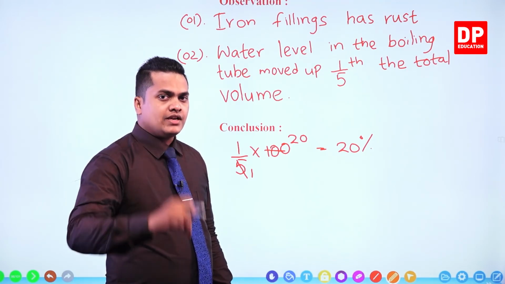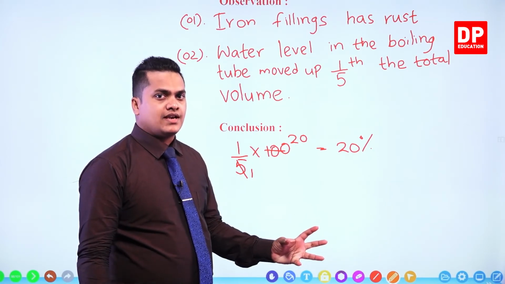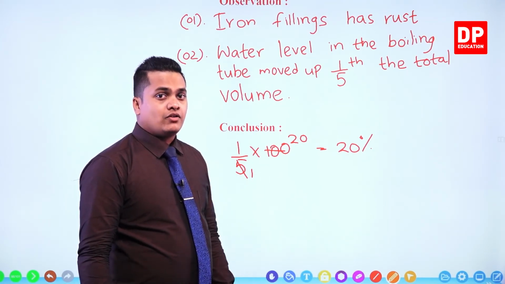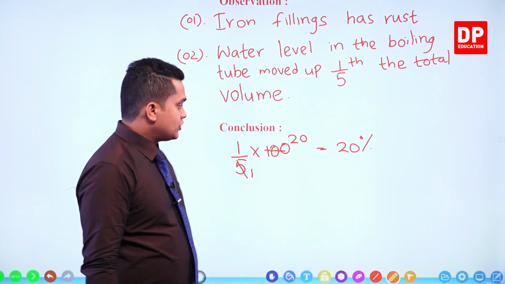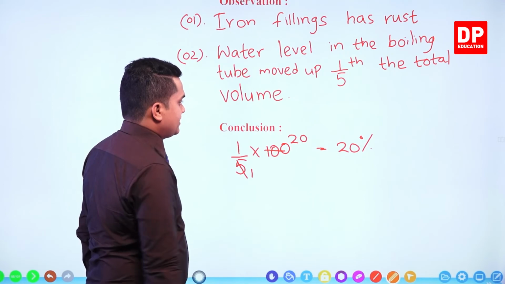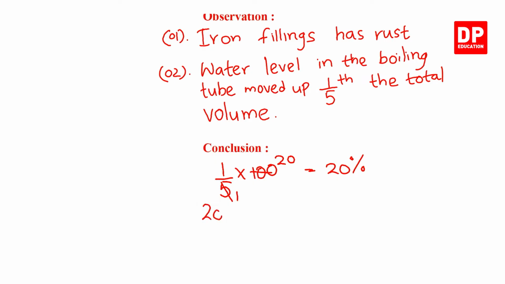So we can finally conclude that during the process of rusting, oxygen gas has been used up, right? So I'll write it in the same way, 20%. So 20% of air is nearly oxygen.